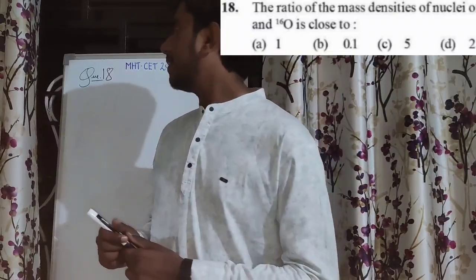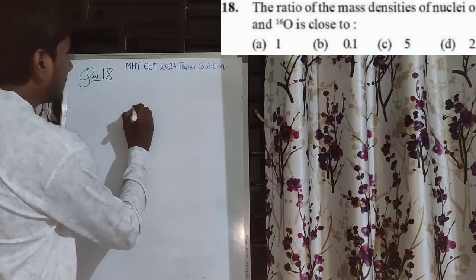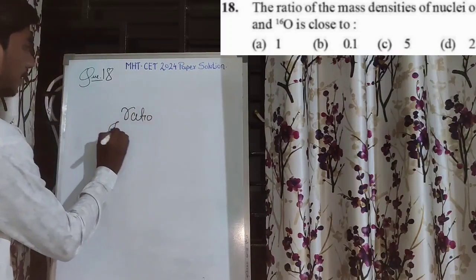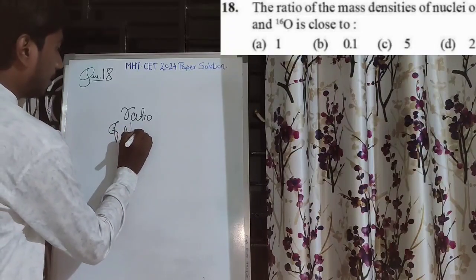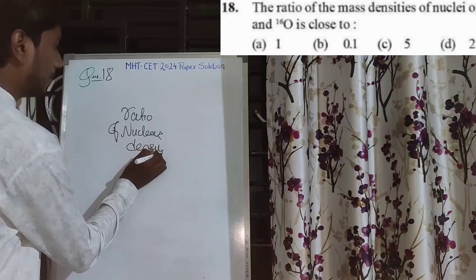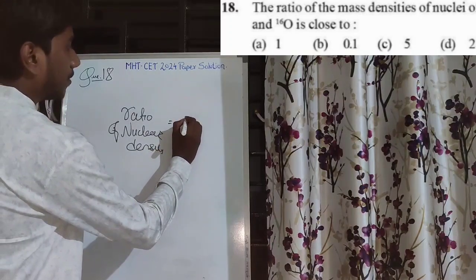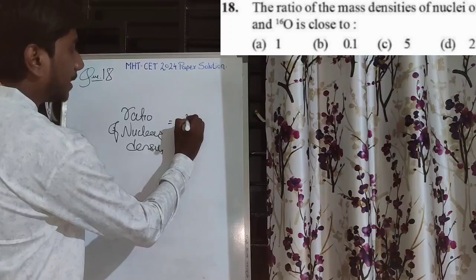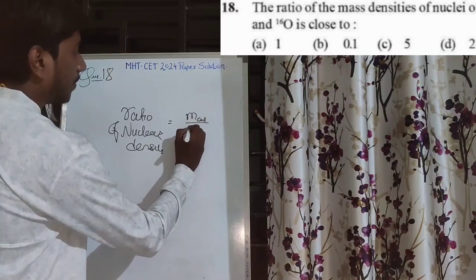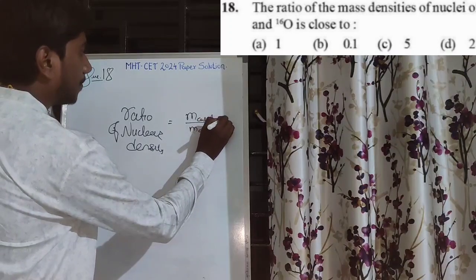सो वी कैन सिंपली से दैट the required ratio of nuclear density will be simply, we can say, the mass density of calcium upon mass density of oxygen.